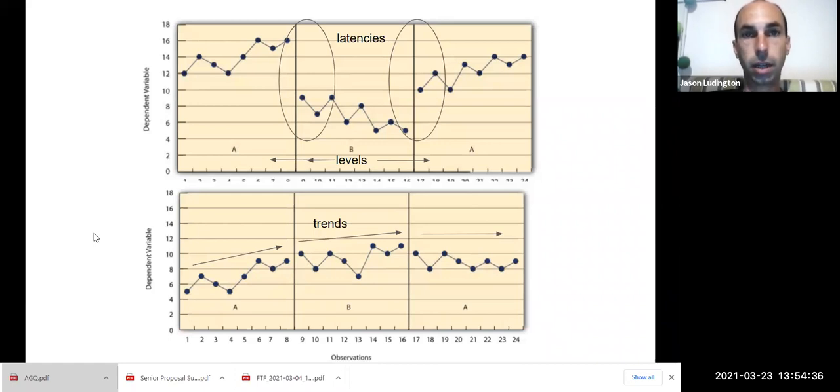You could also call it improving trend or decaying trend, or some other synonym, reducing trend. All right, so we've got these vocabulary terms: trend, latency, levels.